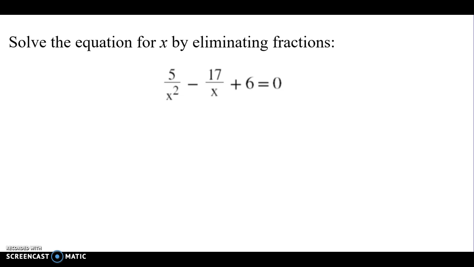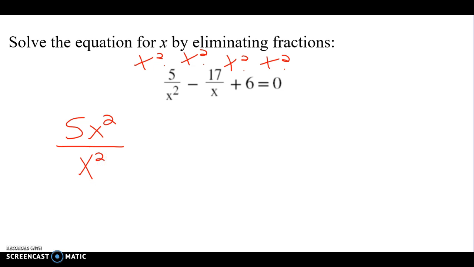So what we're going to do is multiply everything by x squared. Now, I know 0 times x squared is going to be 0, so that doesn't really matter. But sometimes it's something other than 0 over on the other side of the equation. So it's good practice just to still write it in. Make sure you're multiplying everything by x squared. So now we have 5x squared over x squared.